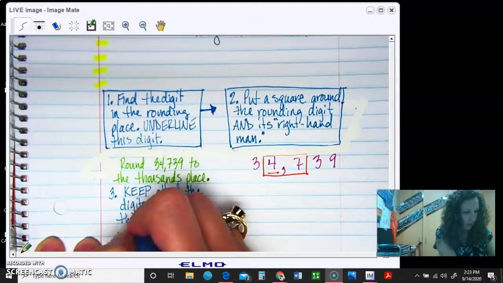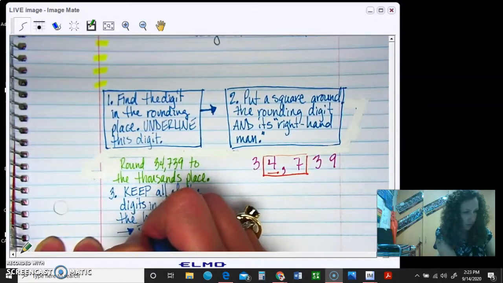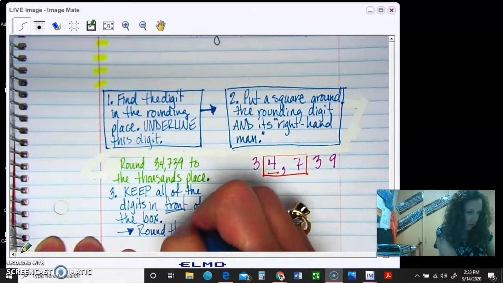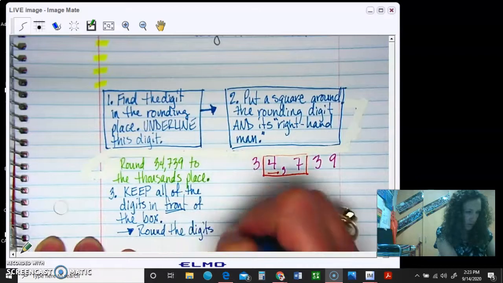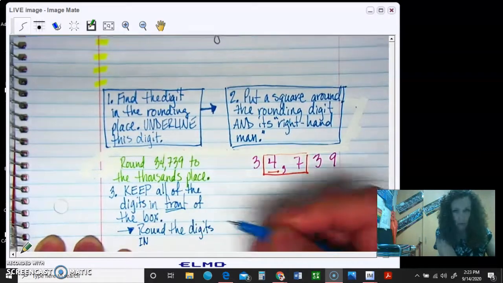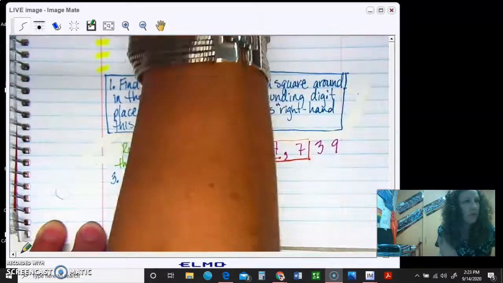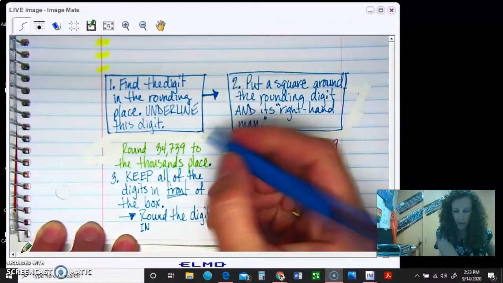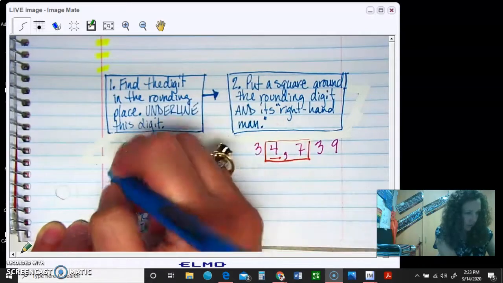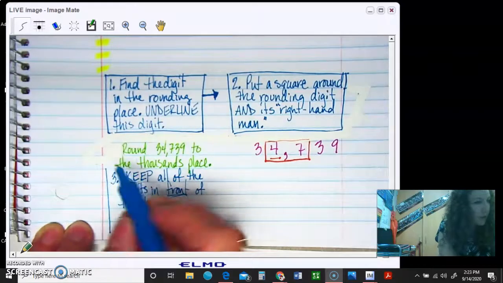And then you are going to round the digits in, and notice it's all caps, in the box. Okay, so I'm going to box this puppy up.